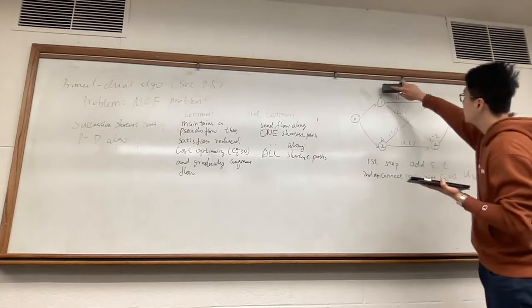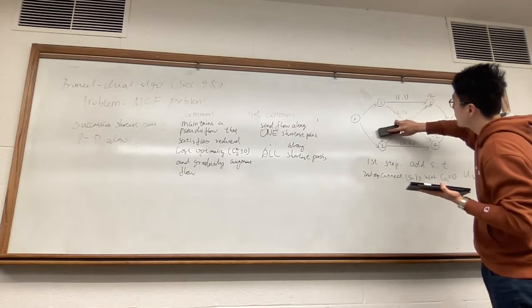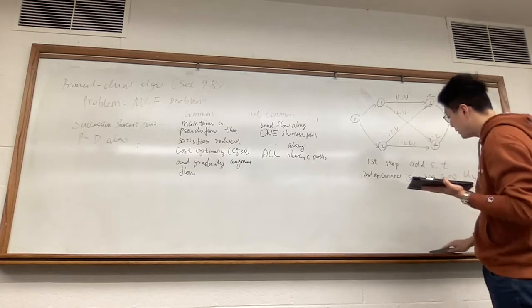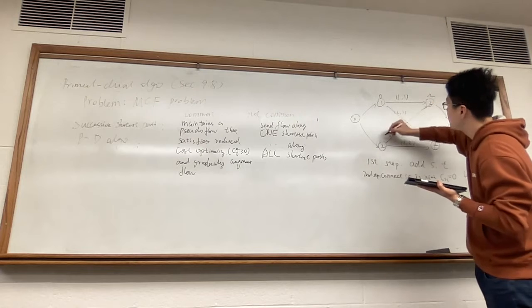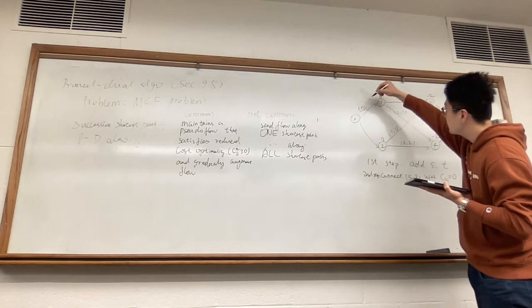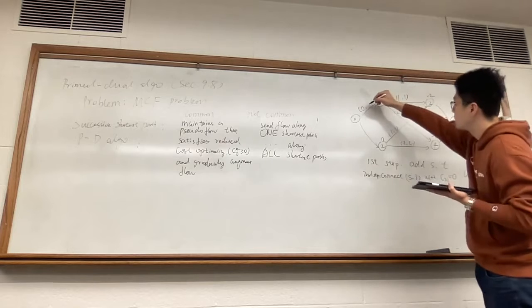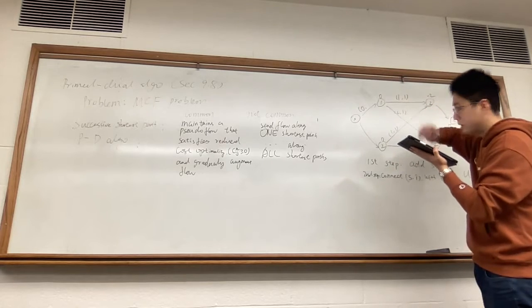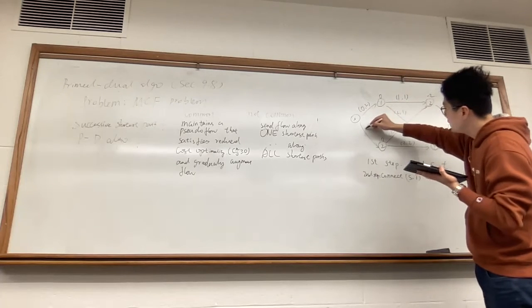So now, because we have already connected S1, the balances of 1 and 2 are both 0. And for S1, the unit cost is 0, and the upper bound is 2. Same for S2.